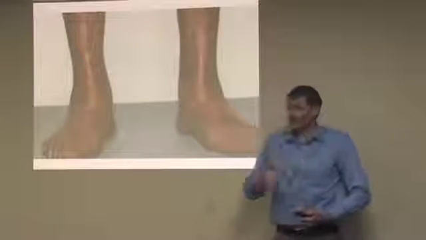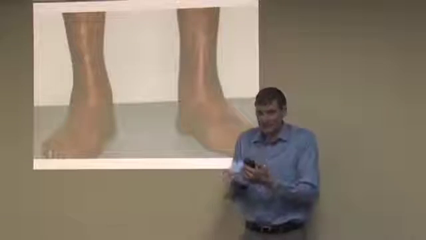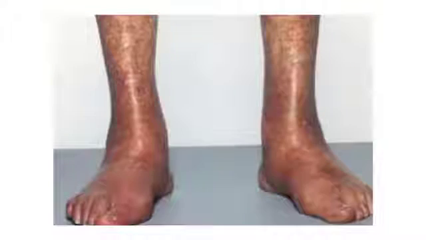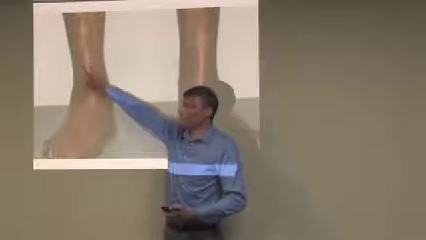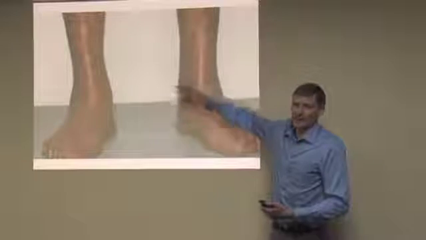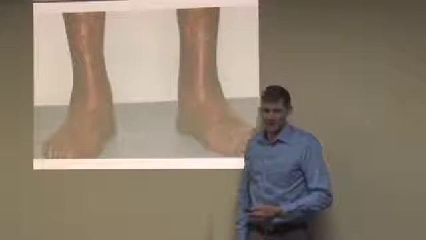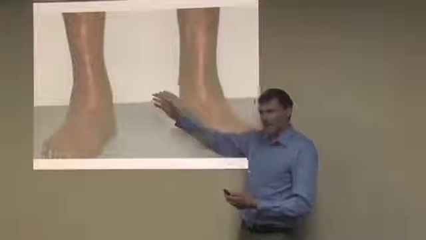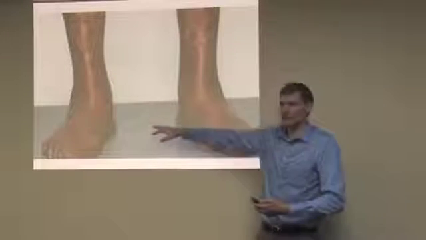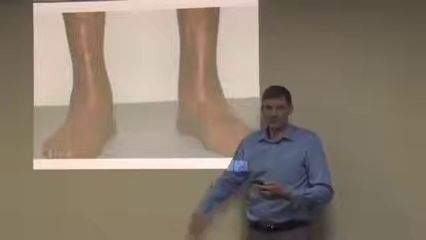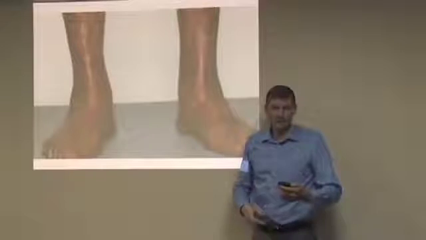Okay, now if the arteries have little tears in them, then there's little tiny bleeds that occur underneath the skin, so little tiny blotches from little tiny tears in the arteries. Has anybody ever seen this before on somebody, in real life? Here's another example.